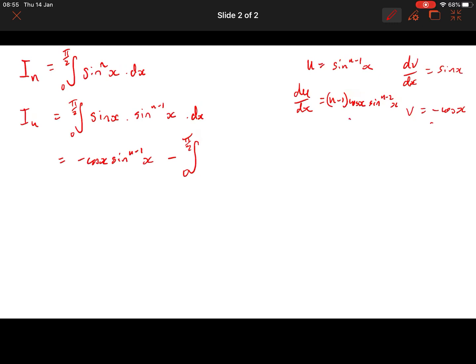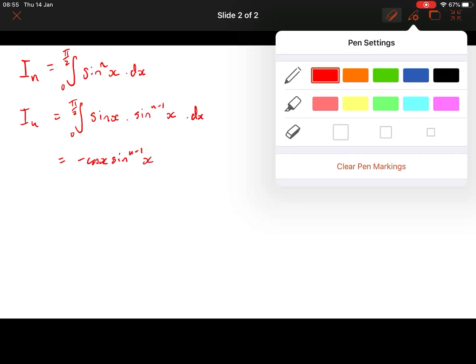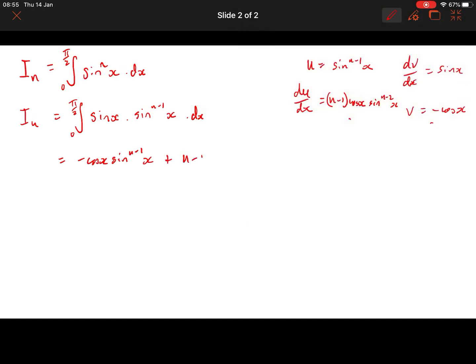So it's this times this. Okay, that makes sense. So I'm going to get minus cos x squared, so I'm going to change that to a plus, and I'm also going to take the constant to the outside. So I'm going to get plus n minus 1 times the integral between pi over 2 and 0 of cos squared x times sine to the power of n minus 2 x with respect to x.